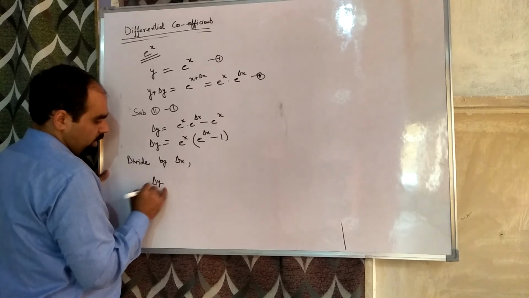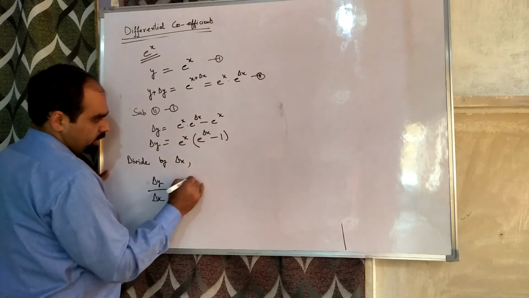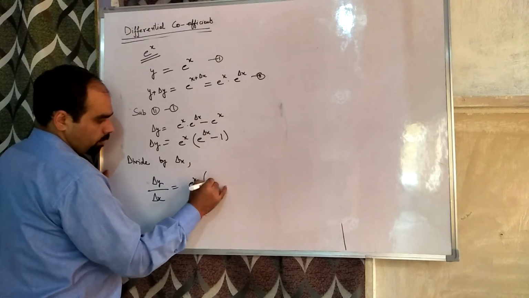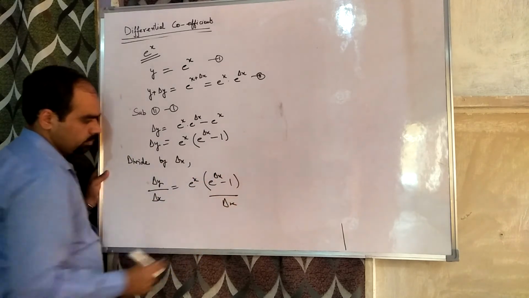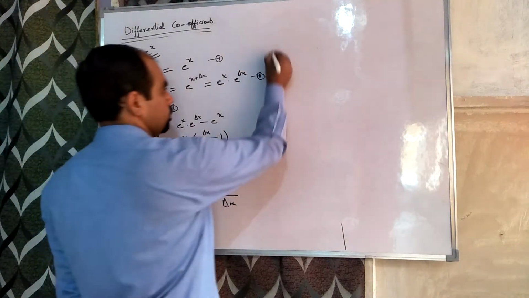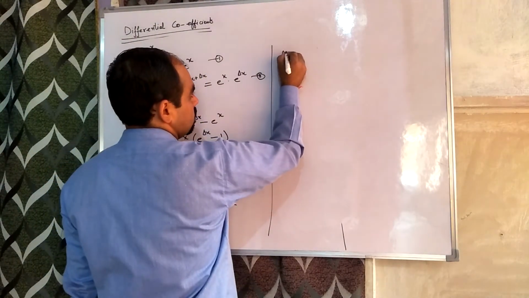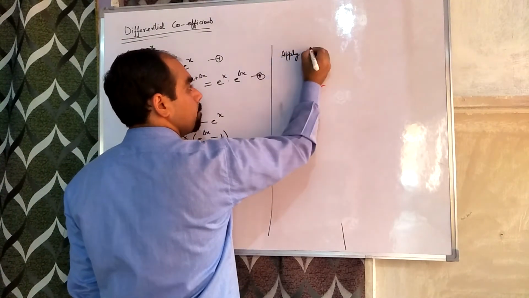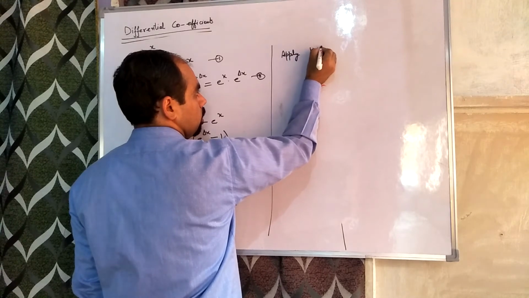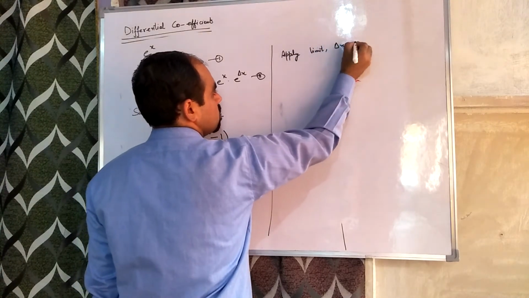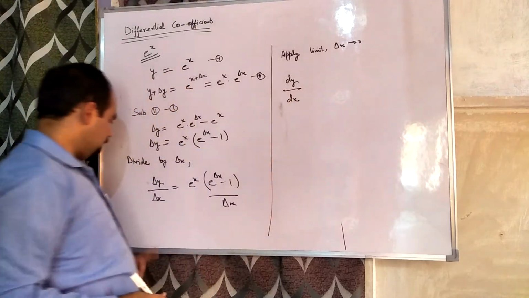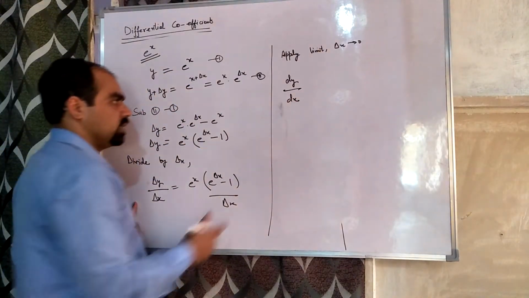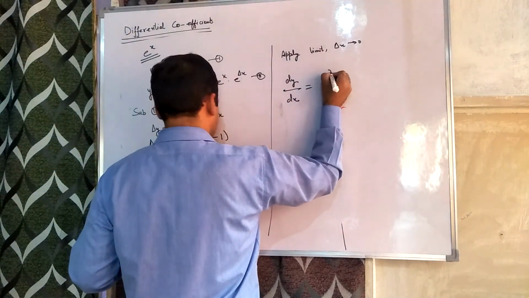So it is delta y by delta x equals e^x into (e^(delta x) minus 1) upon delta x. Next step is apply limits. Very simple question. Delta x approaches 0. So first side would become dy by dx. And this side e^x, the limit of delta x approaches 0 of (e^(delta x) minus 1) upon delta x.